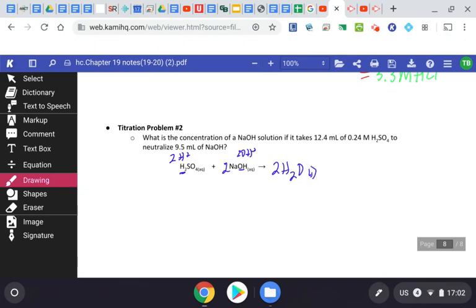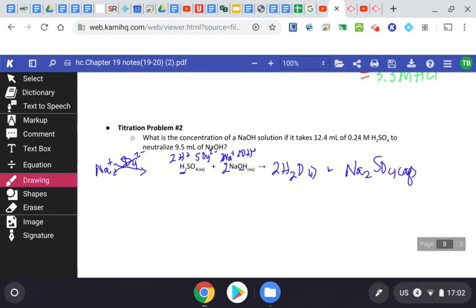Now I also have a sulfate, which is SO4 2-, and I have 2 sodium ions then, which is what I need because sodium's a +1, sulfate's a -2, gives me 2 sodiums, 1 sulfate. So my salt is Na2SO4, sodium sulfate.